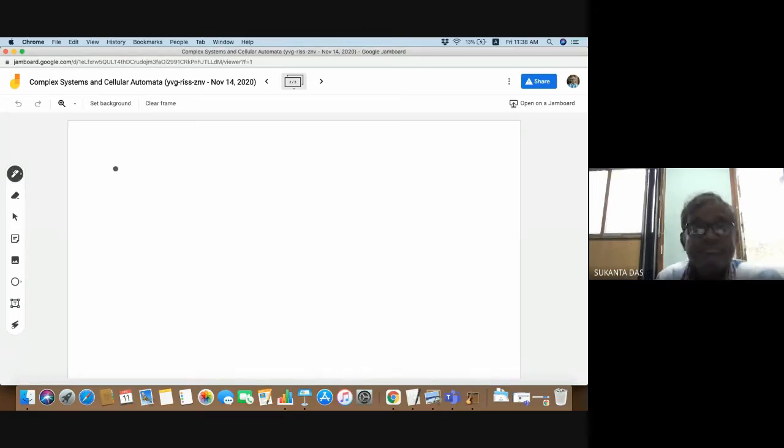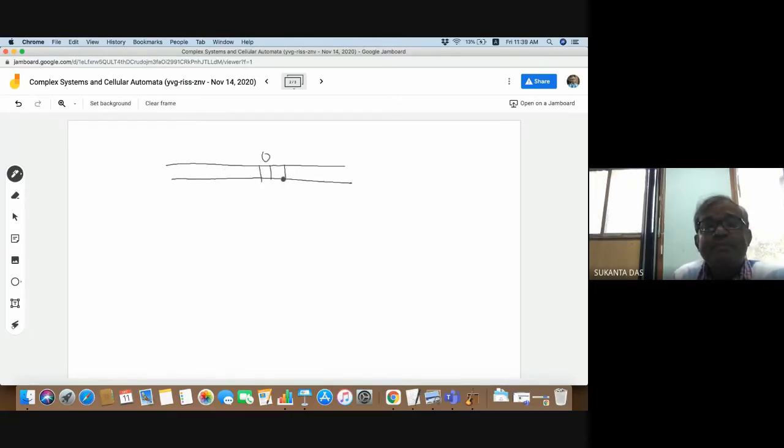See, in case of r-NUCA, suppose this is cell 0, then cell 1, this is say k, and this is -1, this is -2, this is -k, right?